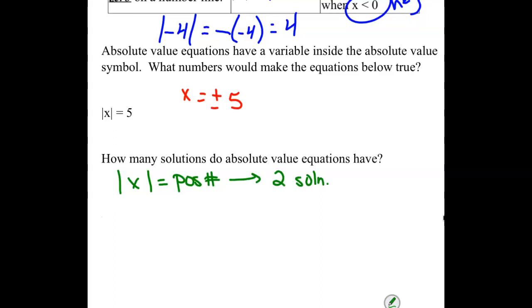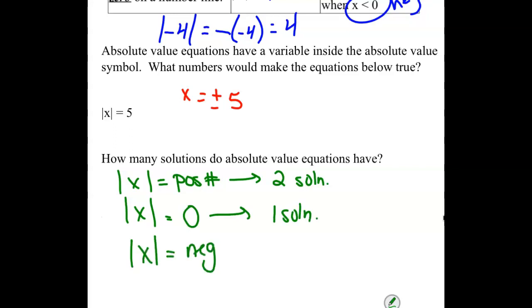Okay, what if I say the absolute value of x comes out to be 0? Now there's only one number that's going to make that work, right? What is it? 0. The absolute value of 0 is 0. So this leads to one solution. What if I say the absolute value of x comes out to be a negative number? It's not possible.